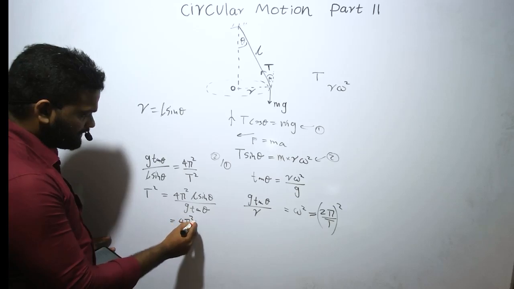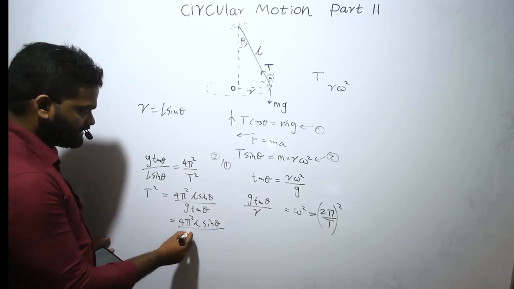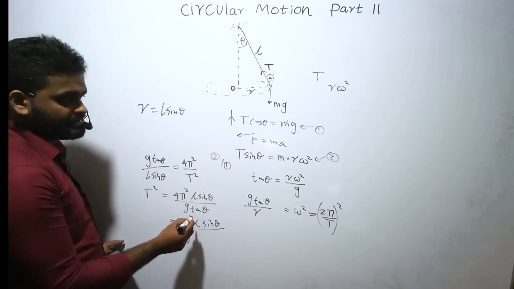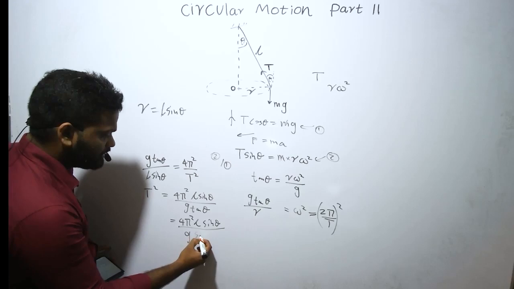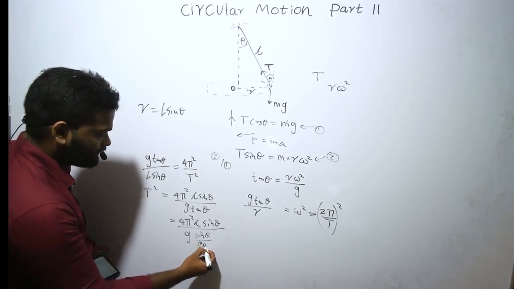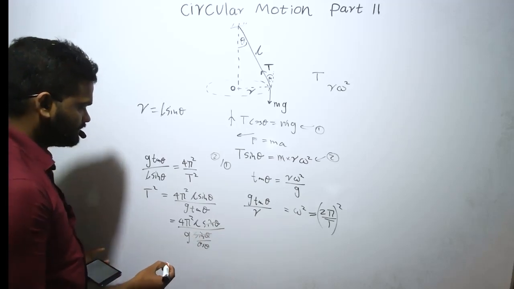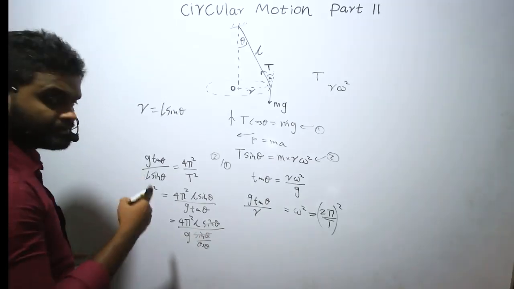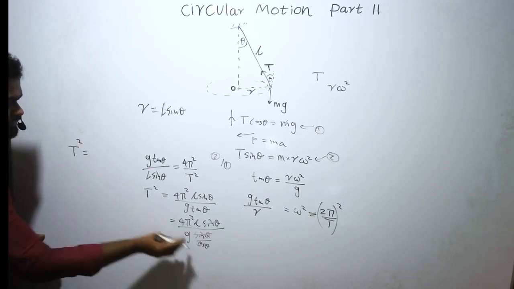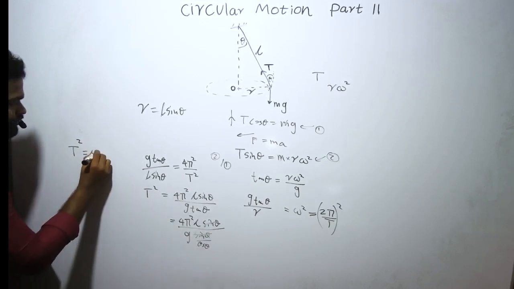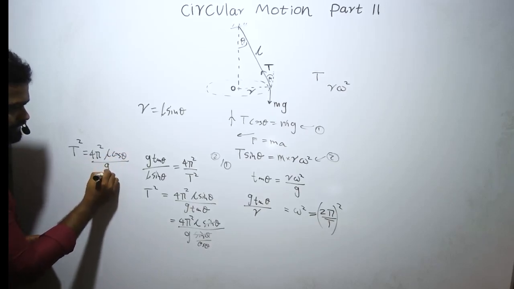Tan theta, you can write as sine theta divided by cos theta, right? Then this sine theta cancels off. So at the end, you get this equation: T squared equals, cos theta goes up, 4 pi squared L cos theta divided by g.